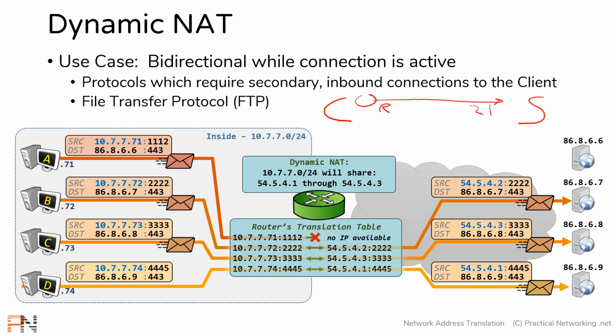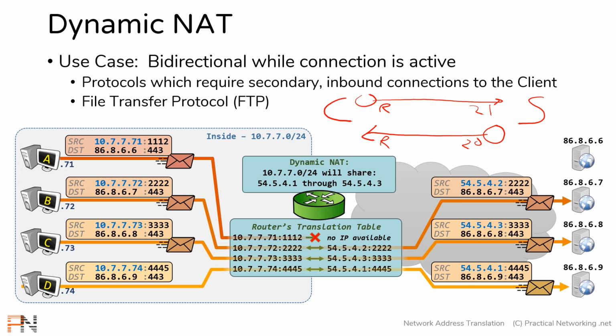Once the client has told the server this, the server then initiates a connection back towards the client. It is from source port 20 to destination port random, and it's over this second channel, the second connection, known as the data channel, that the file is actually transferred.